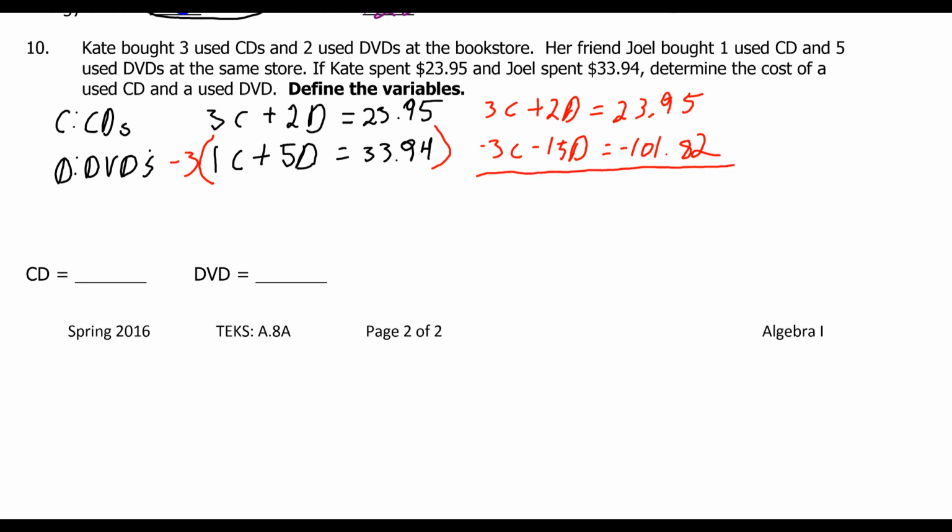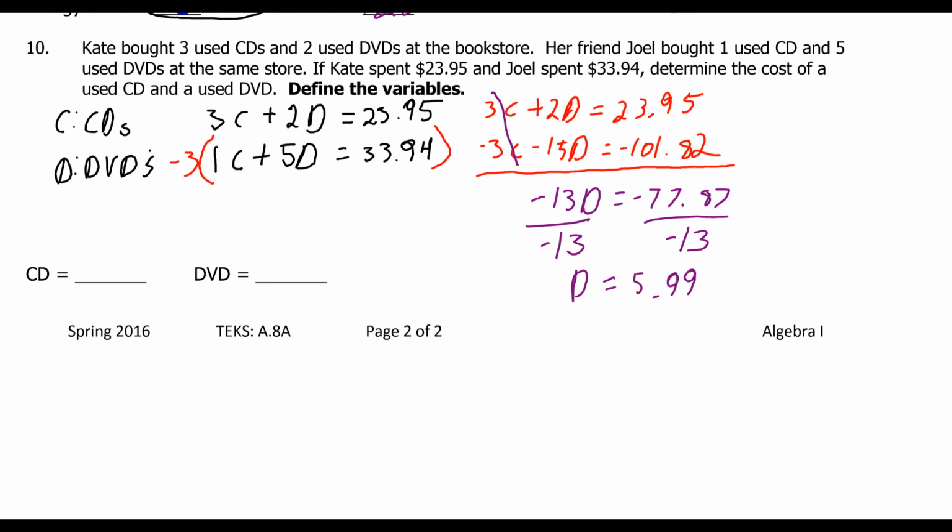The CDs cancel, and we're left with negative 13D equaling negative 77.87. We divide each side by negative 13, and D equals 5.99.